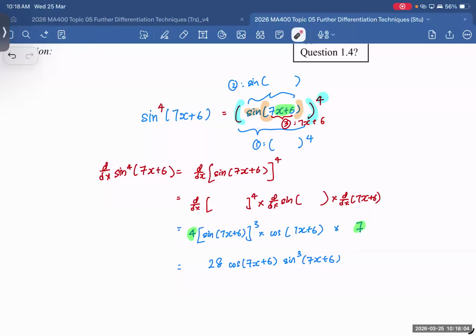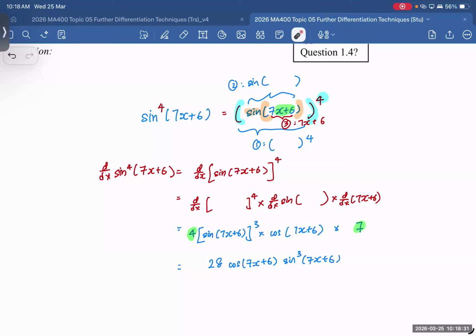So if I differentiate, sometimes I may differentiate something like this: sine, then I have a power 4, I have a 7x plus 6. And so you can see 3 colors, because I want to show you that there are 3 layers.